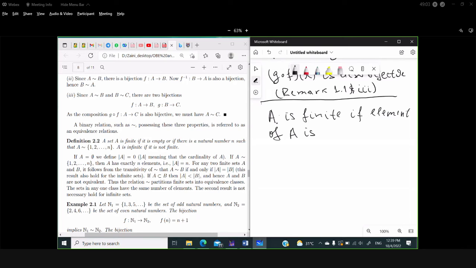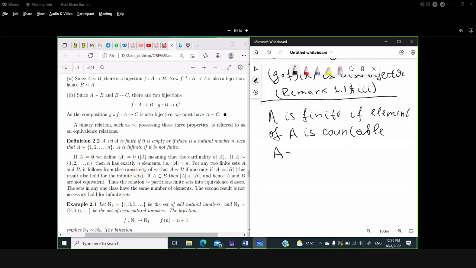It is countable. I think this is correct, because look, countable, then the number of... look, there are two types.